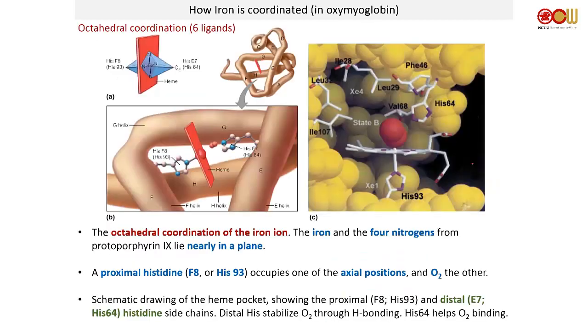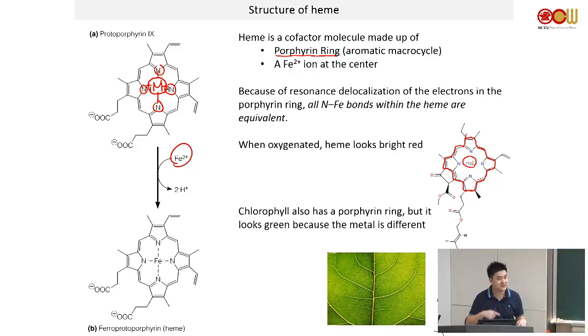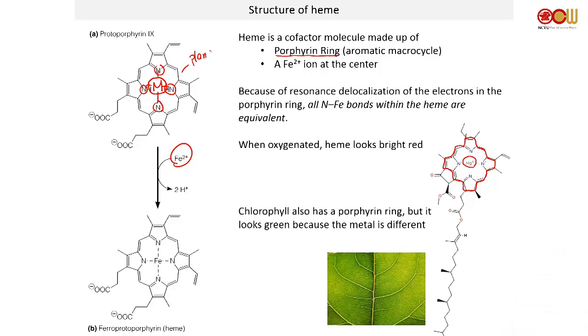All right, coming back to this slide, this shows how the iron atom is coordinated inside the heme. And this is actually quite important. You know that anything aromatic is in general planar. Why? Because it has that pi orbital that can share the electrons across the entire molecule. So these things are planar.